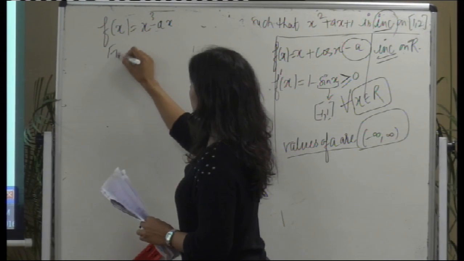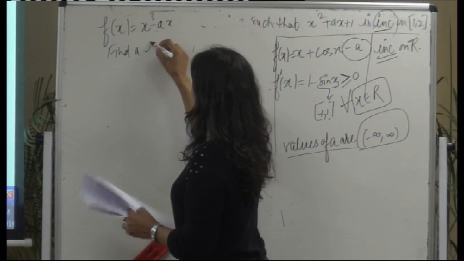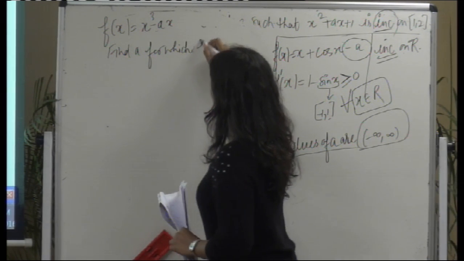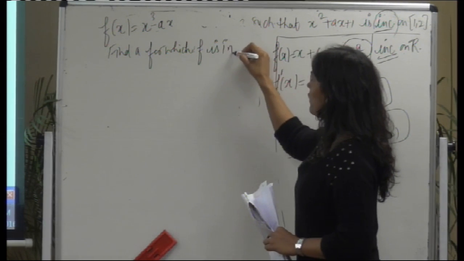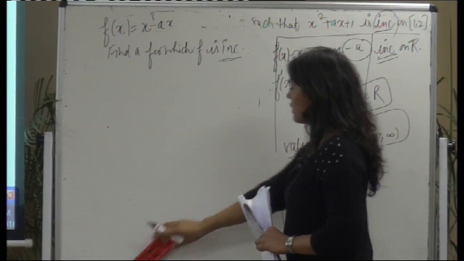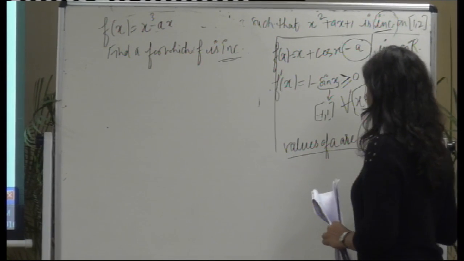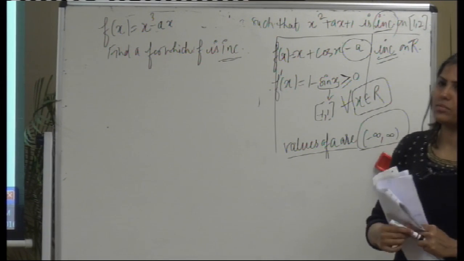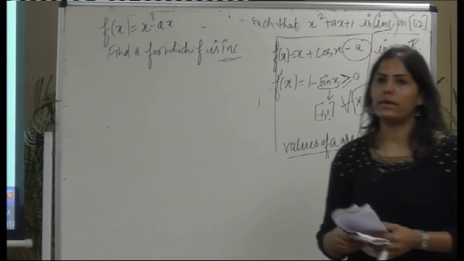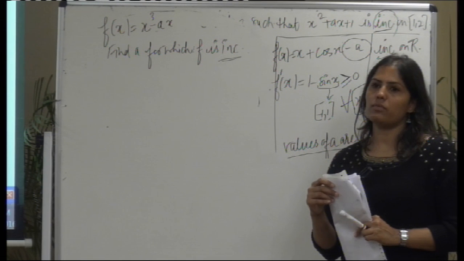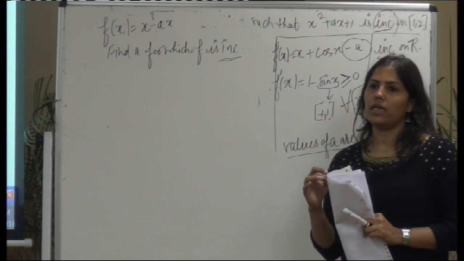Find a for which f is increasing. Try to do it. If you answer this question, it means that you got to know the concept. The concept is simple actually; the definition is also simple. For what value of a is this function increasing?